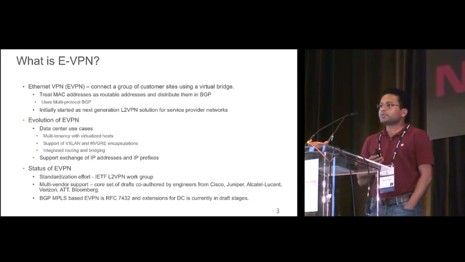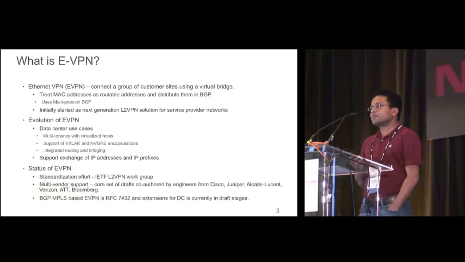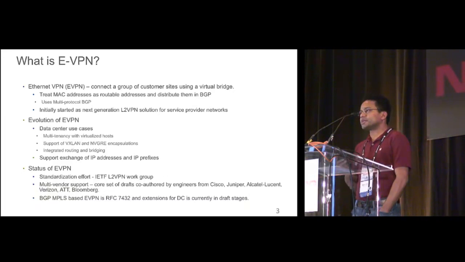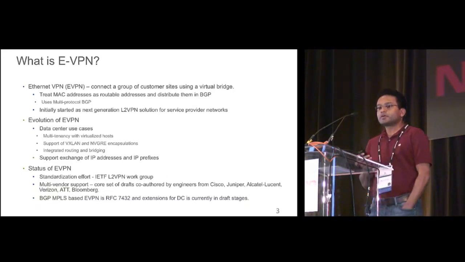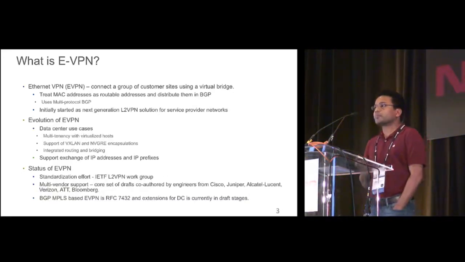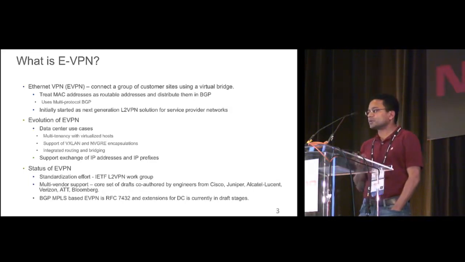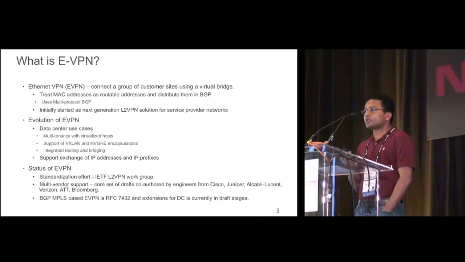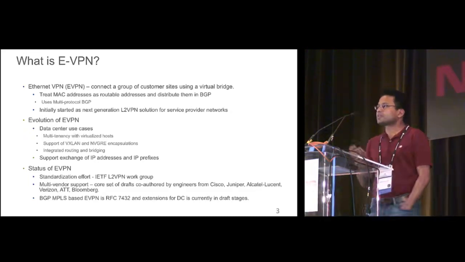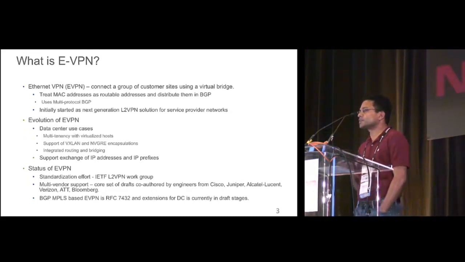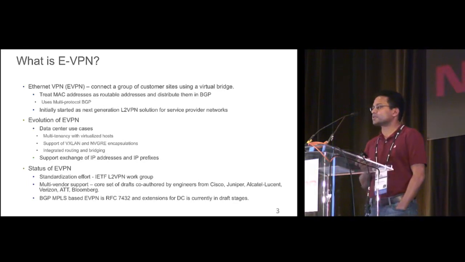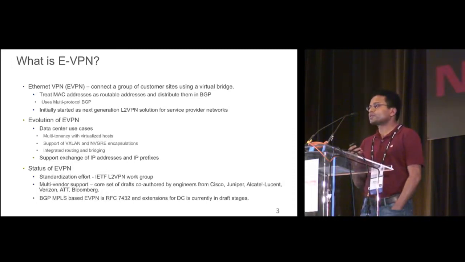Now, taking the same BGP EVPN into the data center, we first have to understand what next-gen data center requirements are. Some of the requirements are multi-tenancy, integrated routing and bridging, support of various encapsulations, either VXLAN, NVGRE, MPLS over GRE, or all the flavors in a data center. And more importantly, support and exchange of IP addresses and IP prefixes, to provide L3 connectivity from one data center to another.